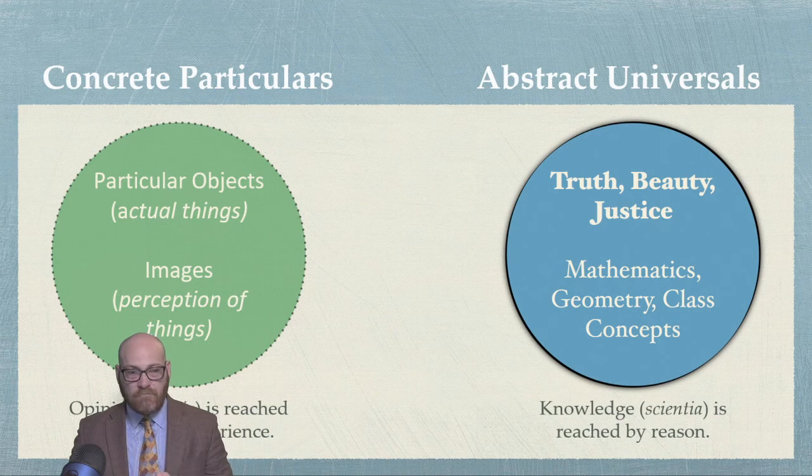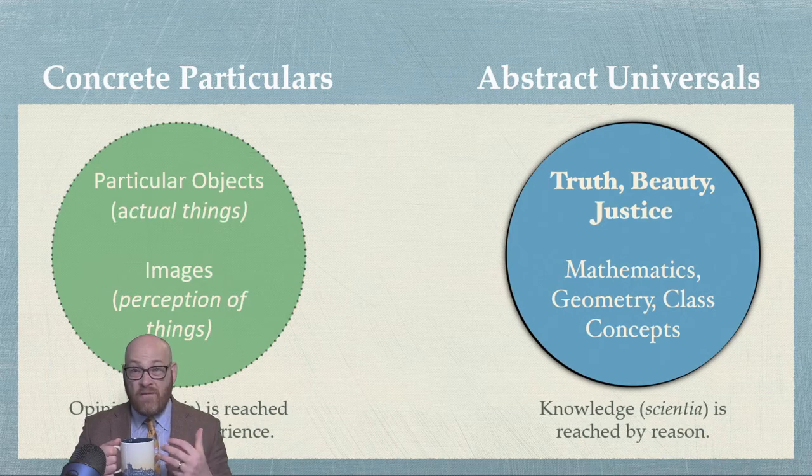All right, so another way to say it, we have the world of concrete particulars. That's where you and I are living. That's where this coffee, the coldness of the handle, the warmth of the mug, the smell of the coffee, all of these things are sensorily derived. It's not knowledge, it's my awareness of these concrete particulars.